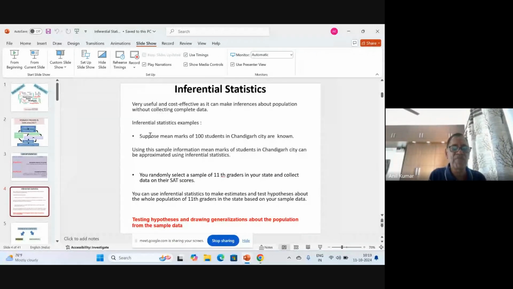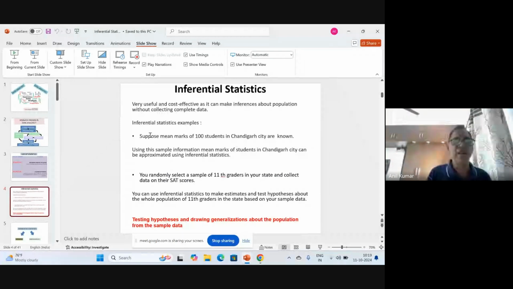We have simply collected data from the representative sample which we have chosen out of the population. A representative sample is used for drawing inferences. So we are really speaking without going to the population. We are trying to understand the population characteristics by way of analyzing our sample data.